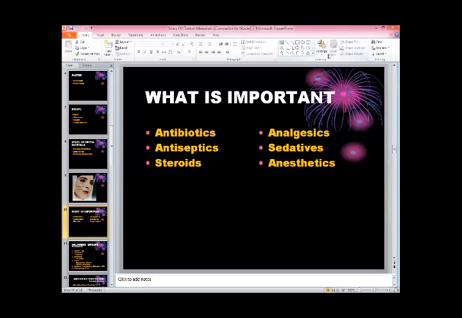There are antibiotics which affect the cell wall from the inner side of the cell, and some antibiotics affect the RNA, DNA, or metabolism of the cell. So all those chemicals which destroy the cell from inside are known as antibiotics, and all those affecting the outer surface of the cell are known as antiseptics.